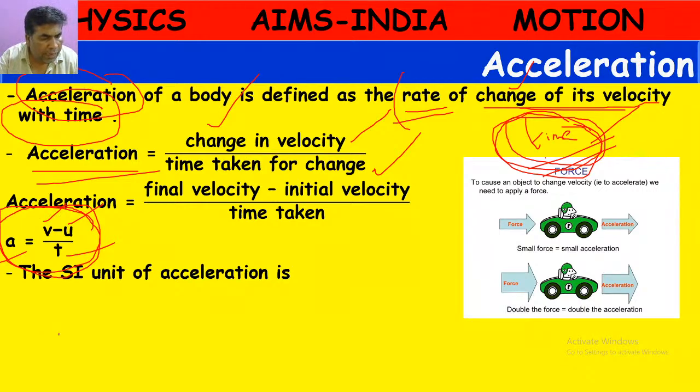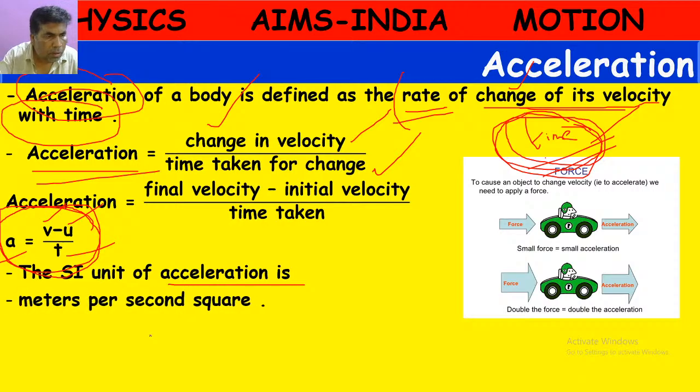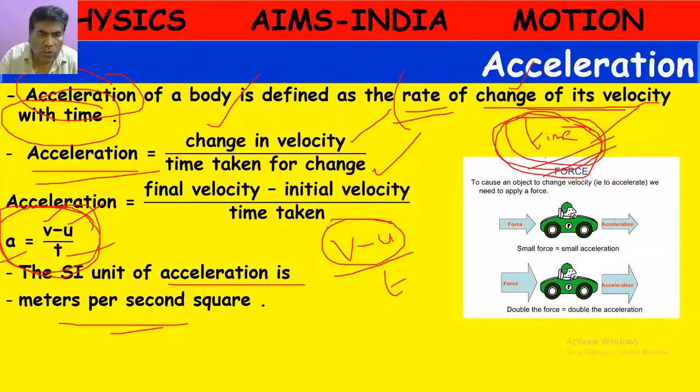The SI unit of acceleration is meters per second square. Why? Because the formula is V minus U by T, where V minus U stands for change of velocity.